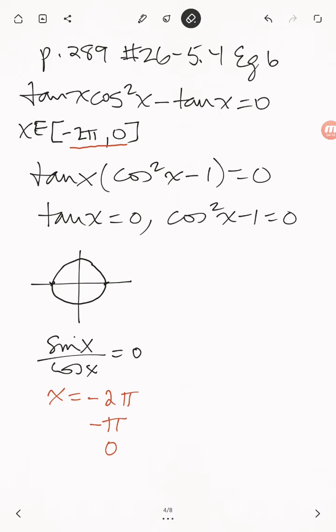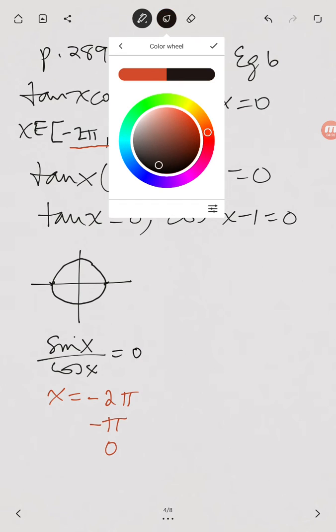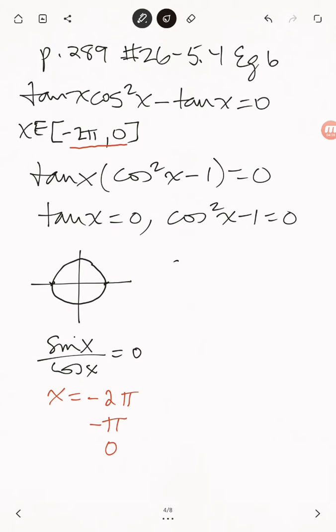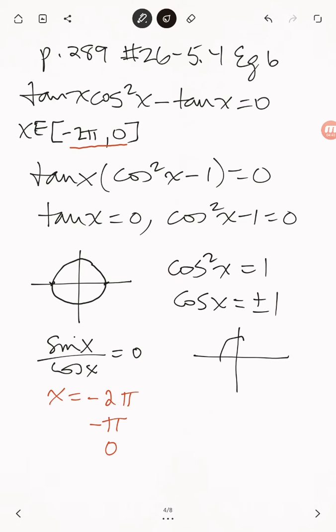Okay, from the cos squared x minus 1, we want cos squared x to be equal to 1. We need to square root both sides, so that means cos x would have to be equal to positive or negative 1. And again, that would be on our unit circle.